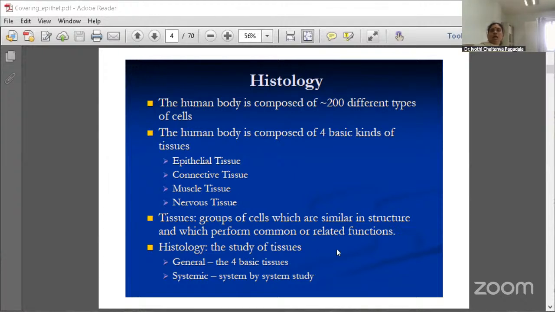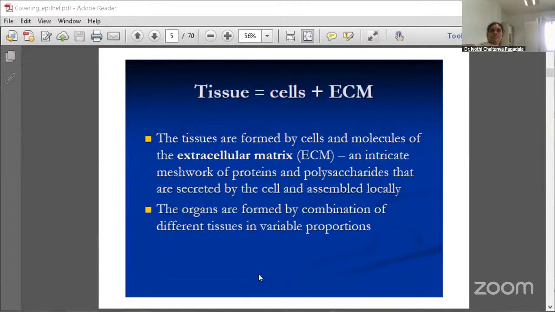A tissue is a group of cells which are similar in structure and perform common related functions. Histology means the study of tissues, and there are generally four basic tissues. One is a systematic, system by system study, and the tissue is the cells and the extracellular matrix.